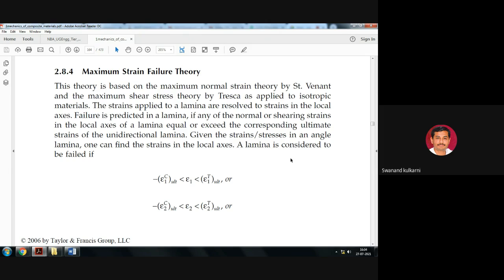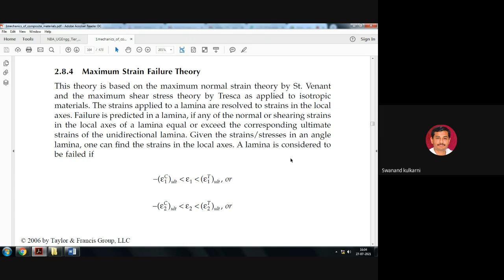This particular maximum strain failure theory is based on both these theories: maximum normal strain theory given by Saint Venant, and maximum shear stress theory given by Tresca, as applied to the isotropic material. Both theories are used to identify the failure strains using the maximum strain failure theory.